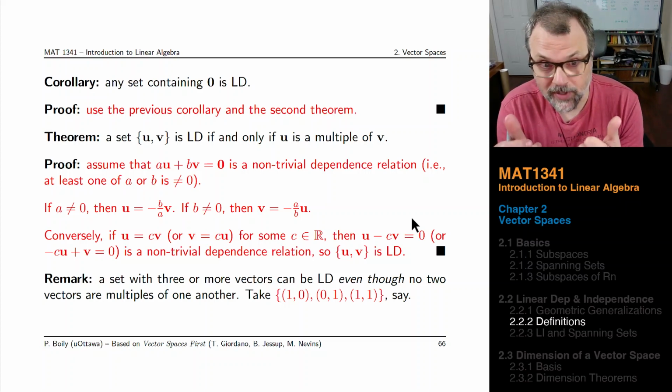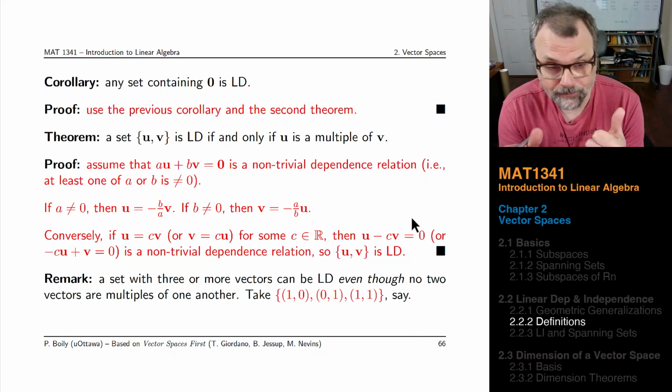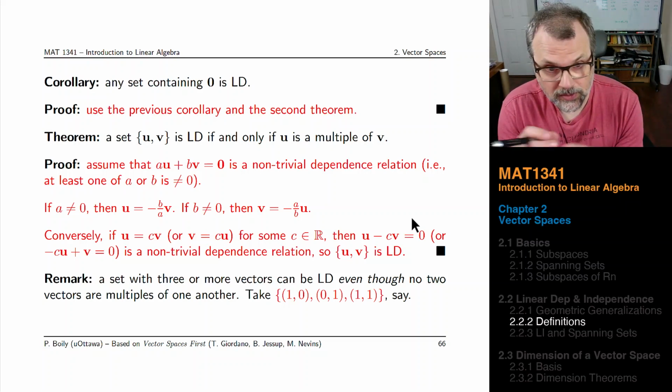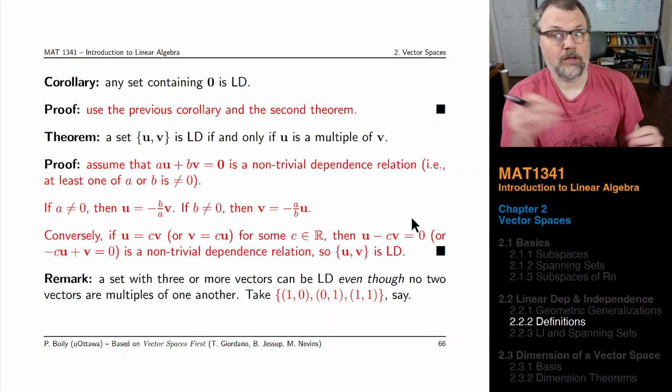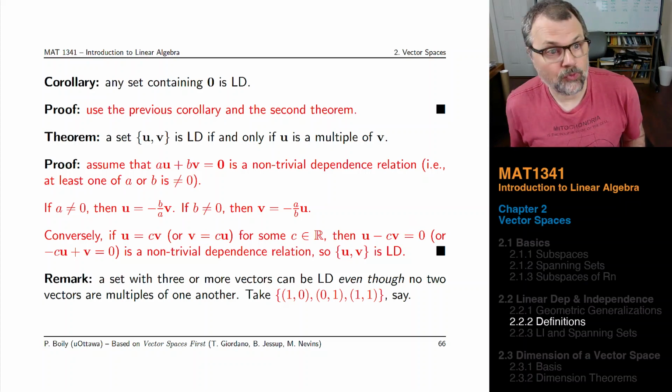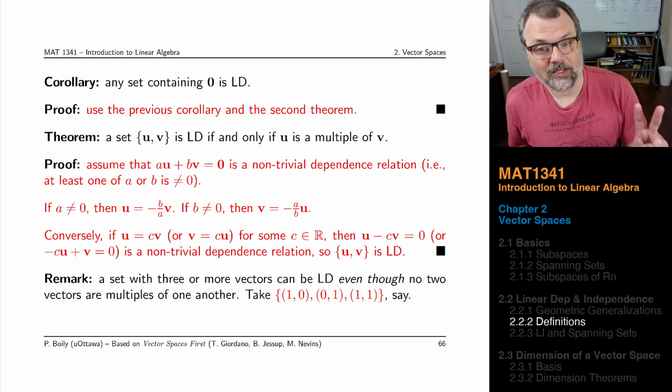That's linearly dependent. We've shown it before. But (1, 0) is not a multiple of (0, 1). It's not a multiple of (1, 1). And (0, 1) is not a multiple of (1, 1) either. So this result about being a multiple of another vector only is useful in the case where we start with 2 vectors.